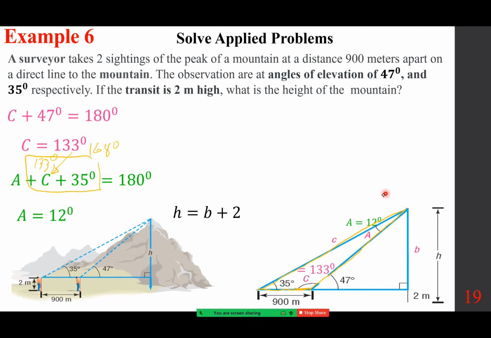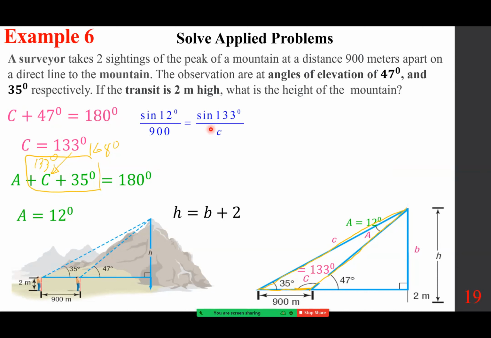Now we are going to use the sine law. Why did we need that? Because the opposite side is given. I hope you see in this triangle, the opposite side is 900. So sine of 12 degrees over 900 is sine of 130 degrees over lowercase c, and that's what we are looking for.